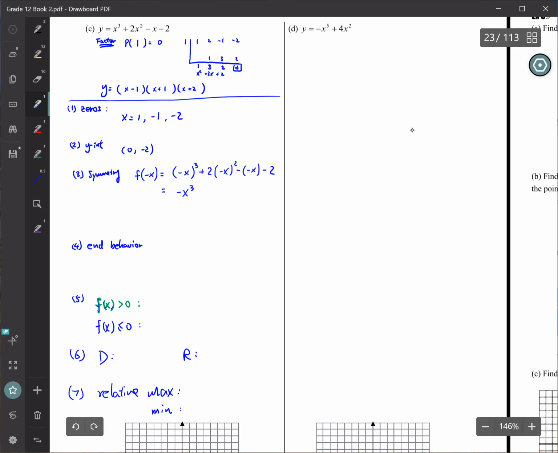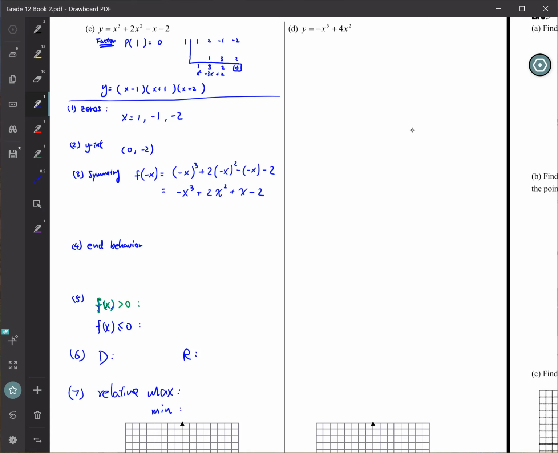You need to say the exponent, and then plus 2x squared, plus x, minus 2. Yeah, very good. The negative times negative will make it positive, right? So that's why the sign changed.